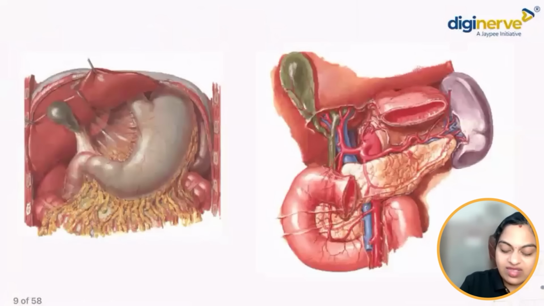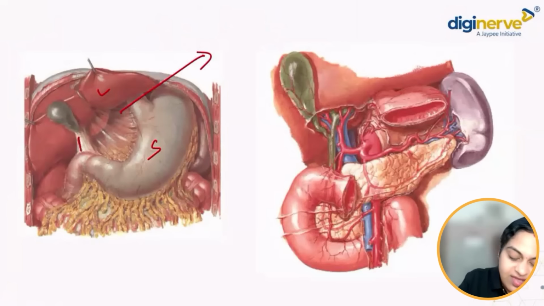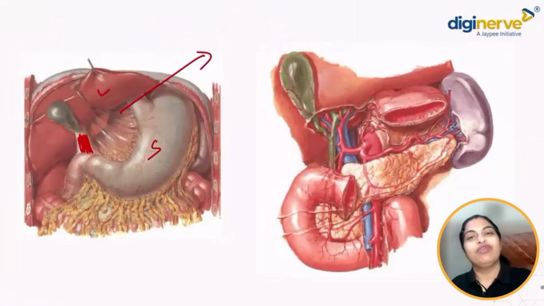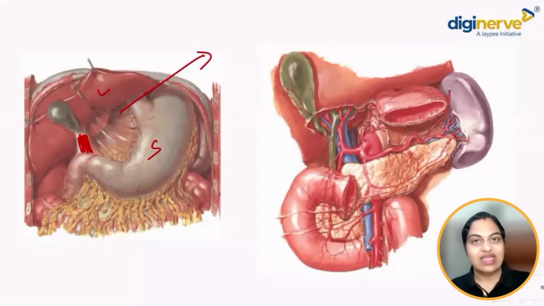So this is the liver and the stomach. This ligament that you see here is the lesser omentum. This is the right free margin of the lesser omentum. If I put my fingers behind this right free margin of the lesser omentum, that is the area of the epiploic foramen, which is the only communication between the greater sac and the lesser sac of the peritoneal cavity.